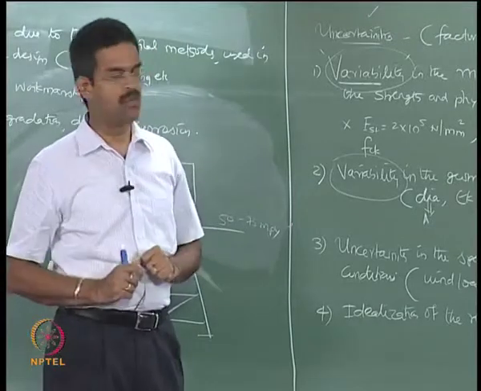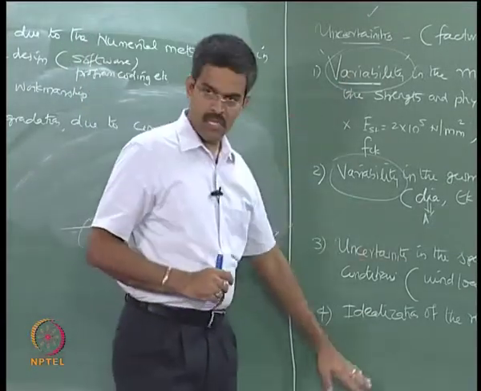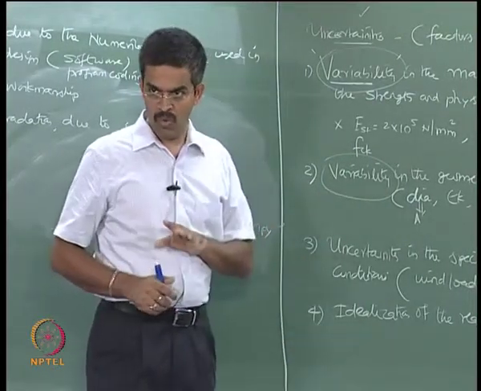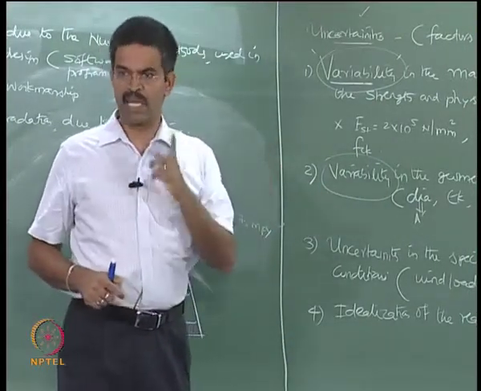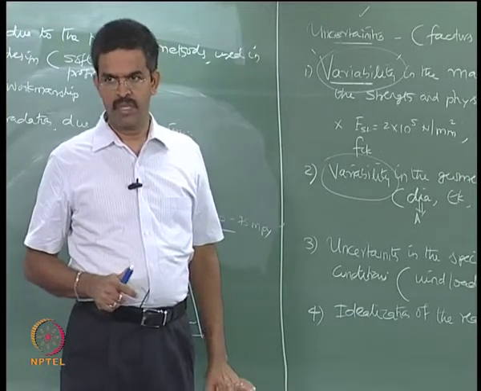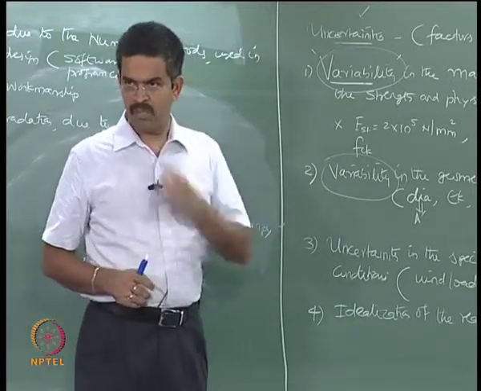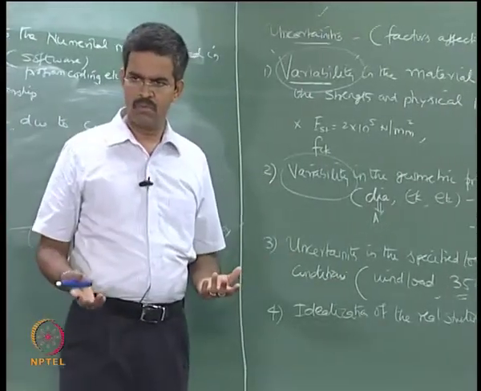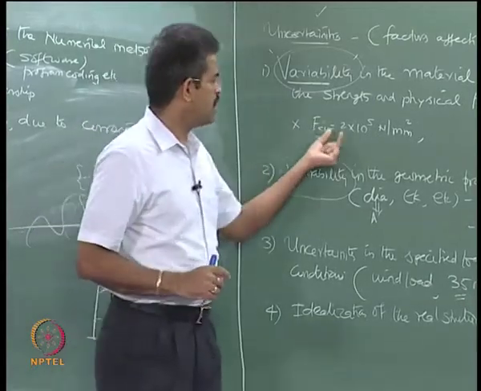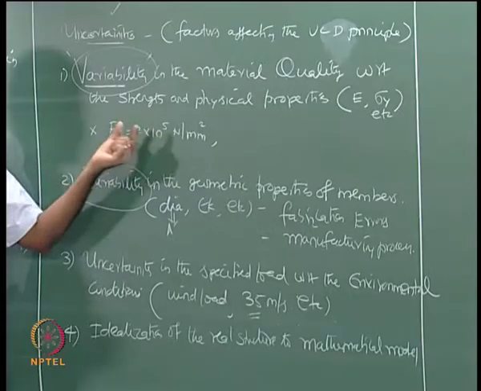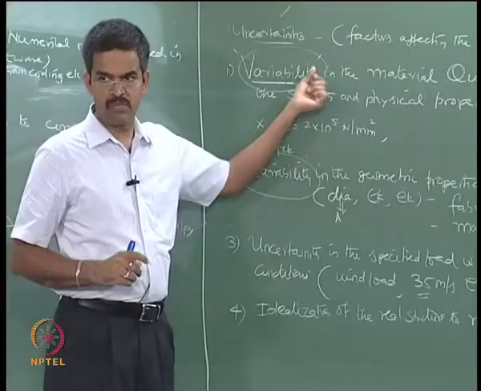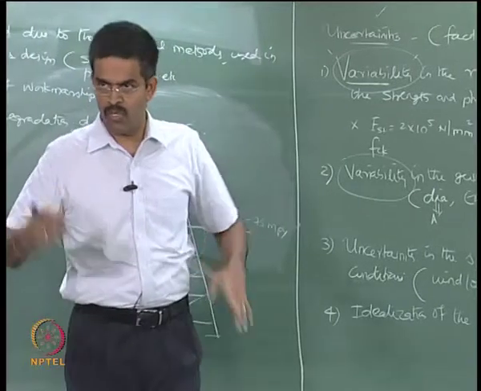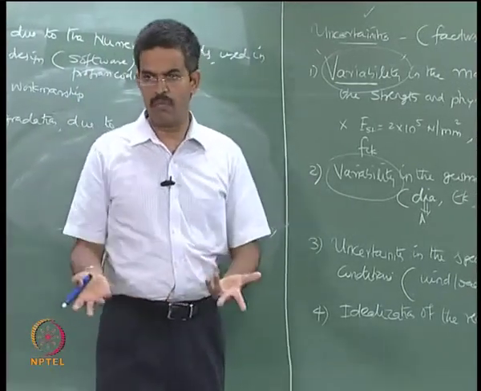The answer is very simple. All these uncertainties will become prominent when you are talking about exploiting the string to the maximum value. If you do not want to exploit the string to the maximum value of its member, then all these can be ignored, because if your E is 2 into 10 power 5 and you are talking about the ultimate load carrying capacity of this material, but you do not want to stress the material beyond the yield value within which the material remains elastic, we do not bother about them.